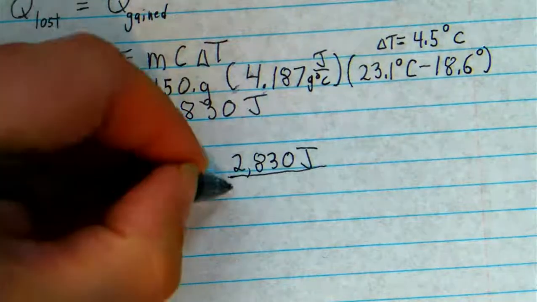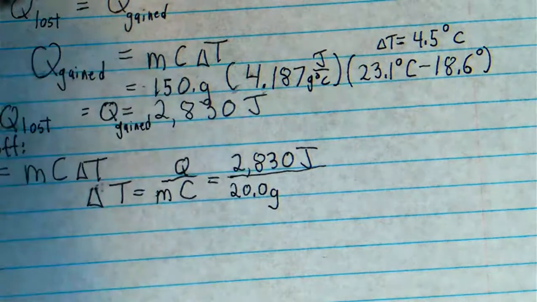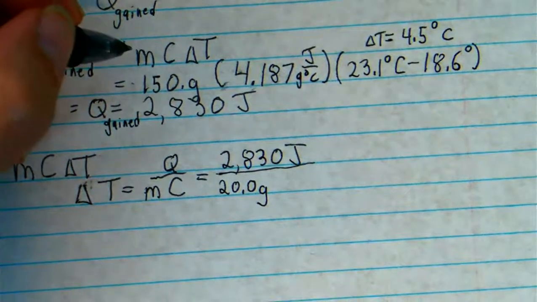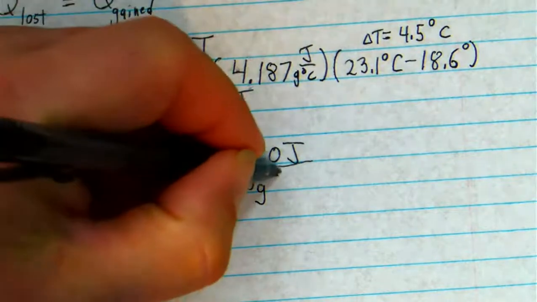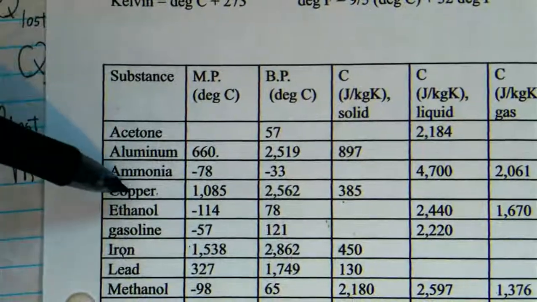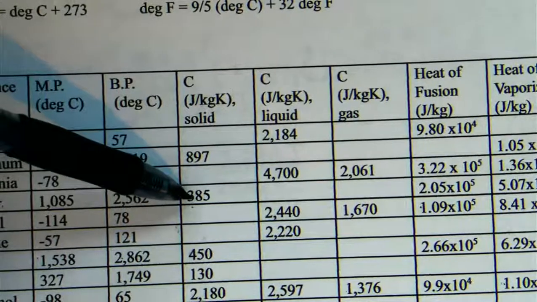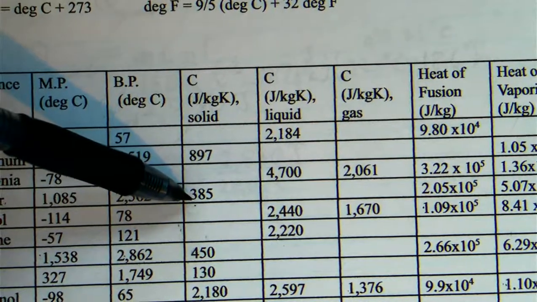We divide that by the mass of the copper, which is 20.0 grams, and we divide that by the specific heat of copper. Going into this handy-dandy reference sheet, we find that copper only lists the specific heat in solid form, which is great.